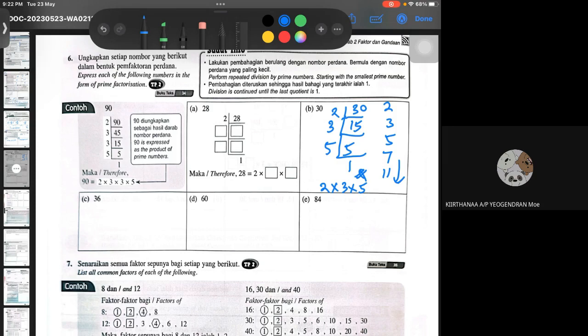Okay, for today's session, you do for C and 60. Or no need to do for 60. Only 36. You do only 36.